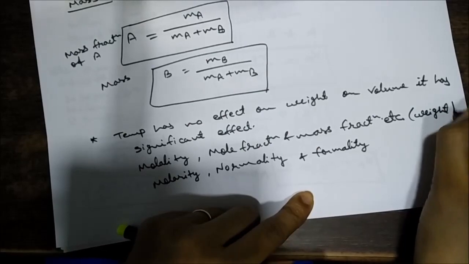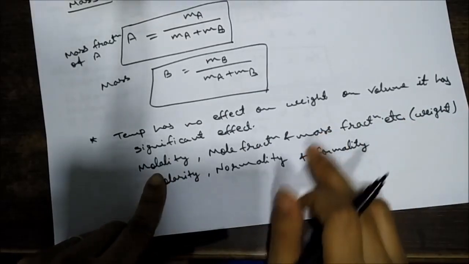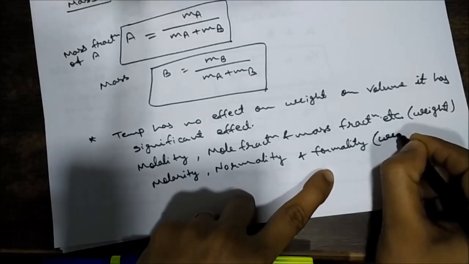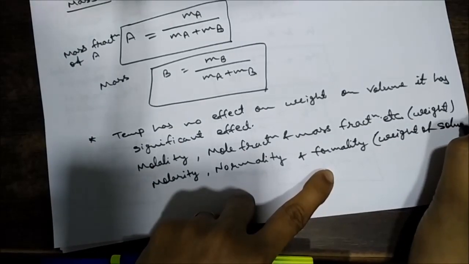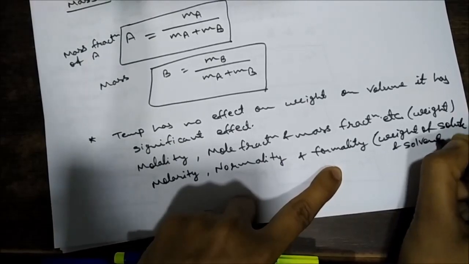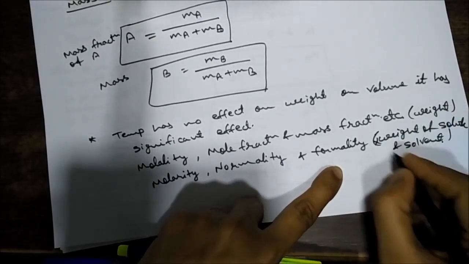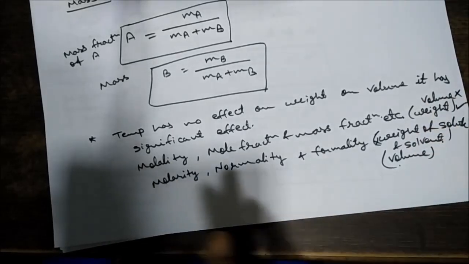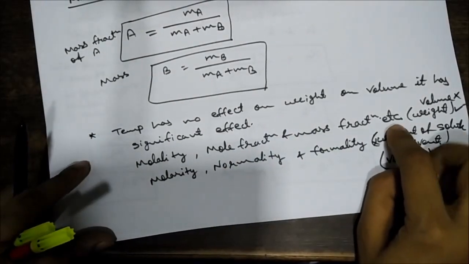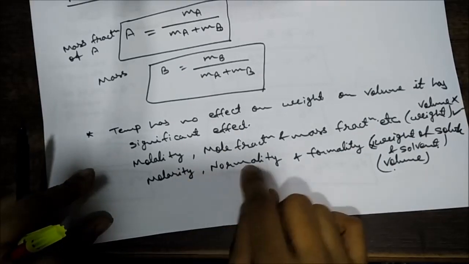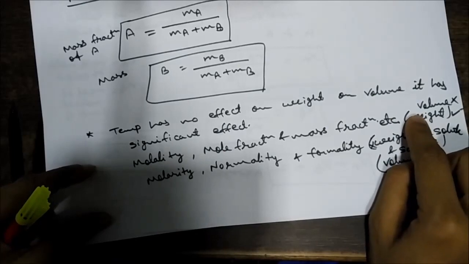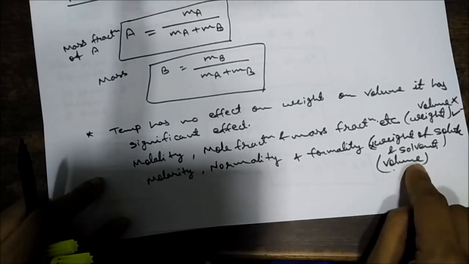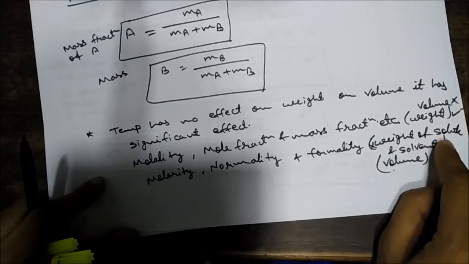So these will be preferred, as they have no significant effect of temperature, but molarity, normality and formality involve volume. Molality, mole fraction and mass fraction are preferred compared to molarity, normality and formality, because these involve the weight of the solute and solvent, while molarity, normality and formality involve volume and do not include the weight of solute and solvent.